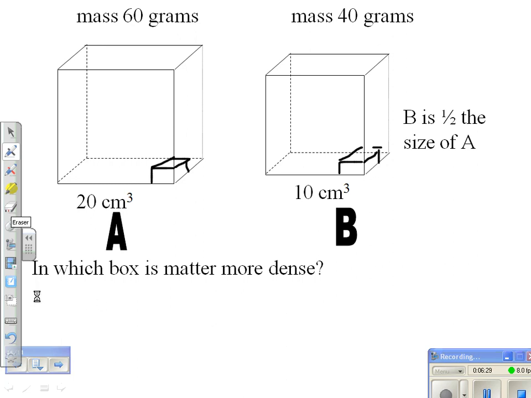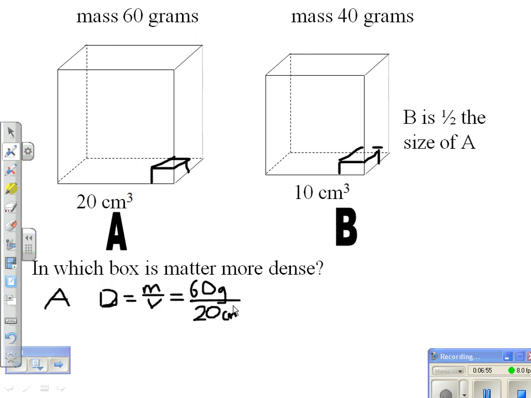All right, so when we do this, you always want to start with the formula. So for box A, density, that's a D. Density equals mass divided by volume. I'm going to substitute in the numbers that I know. 60 grams. I'm going to always write my units. Divided by 20 cubic centimeters.